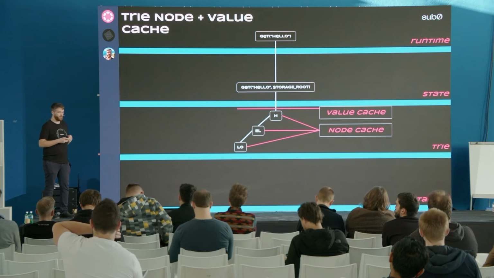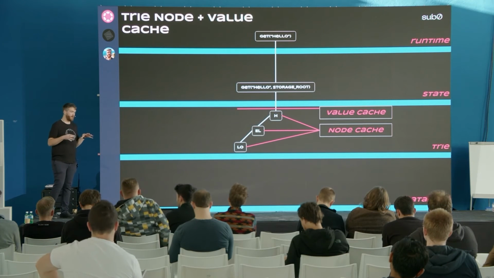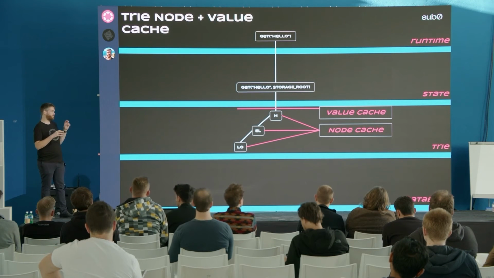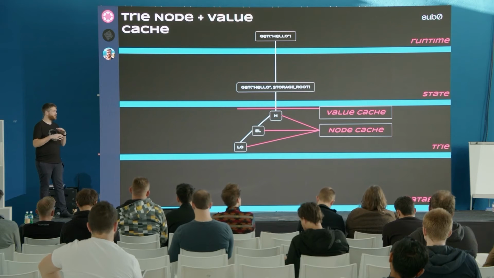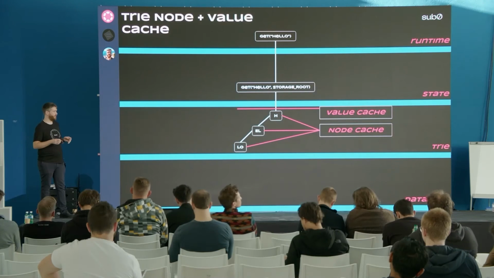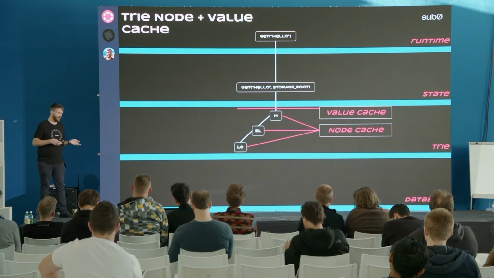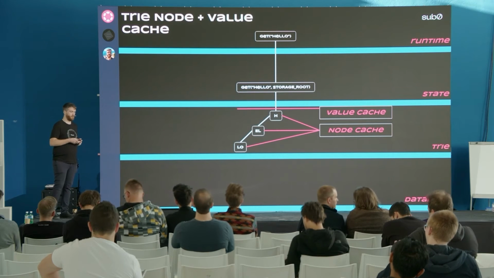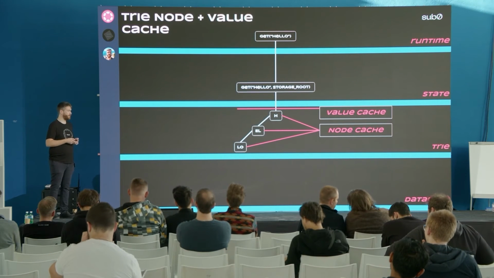This value cache sits in the trie layer, but sits a little bit on top of the trie. So it works in a similar way as our state cache. A request comes in, and if the value is there, you can return it directly. Otherwise, you need to go to the trie and start traversing it.